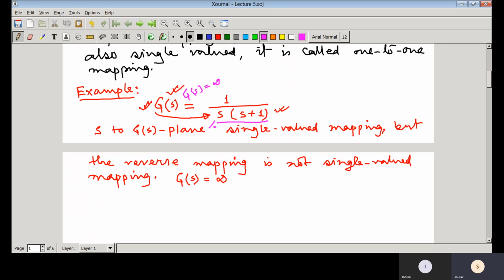One is if you put s equal to 0, then you get infinity, and if you put s equal to -1, you also get G(s) equal to infinity.